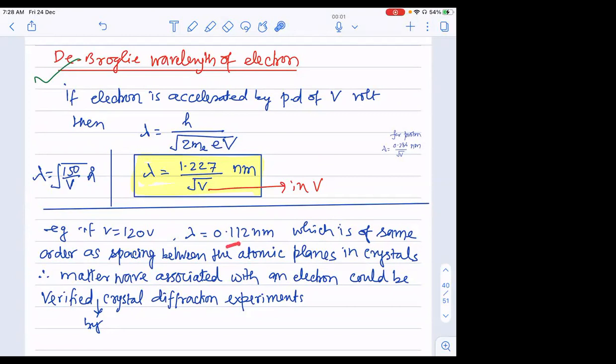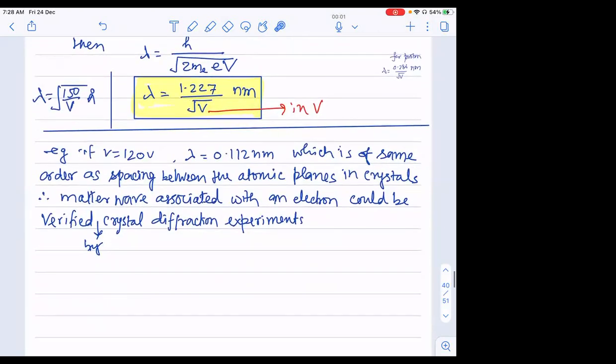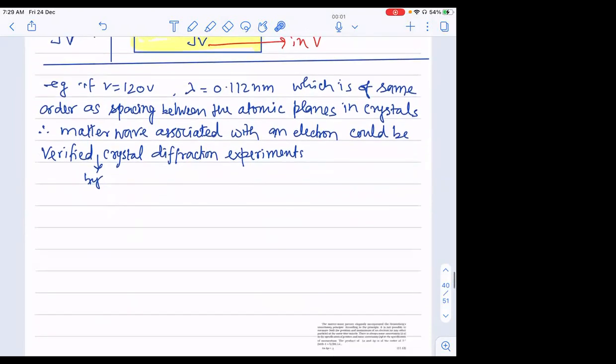The wavelength is of the same order as the spacing between the atomic planes in the crystal. Therefore, the matter wave associated with the electron could be verified by crystal diffraction, because the condition for diffraction is that the spacing or slit width should be of the order of the wavelength of the light or radiation. Therefore, this can be used.